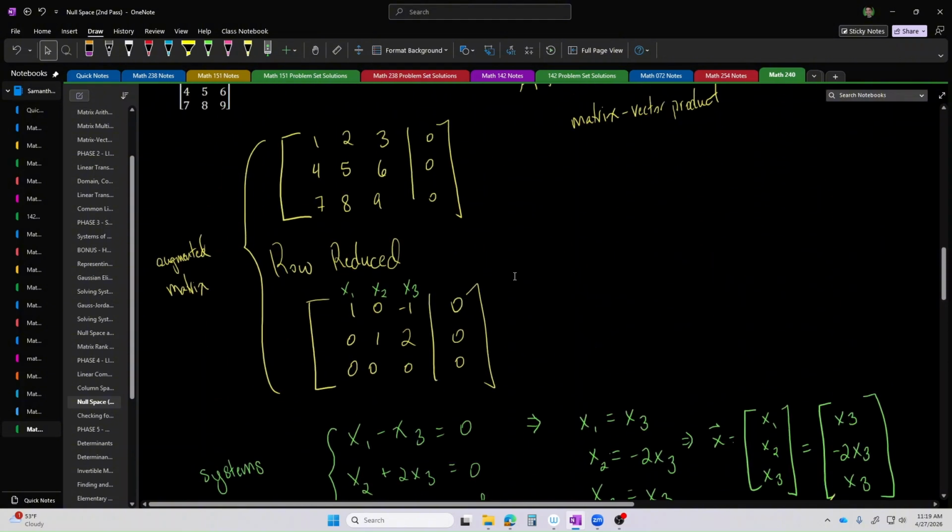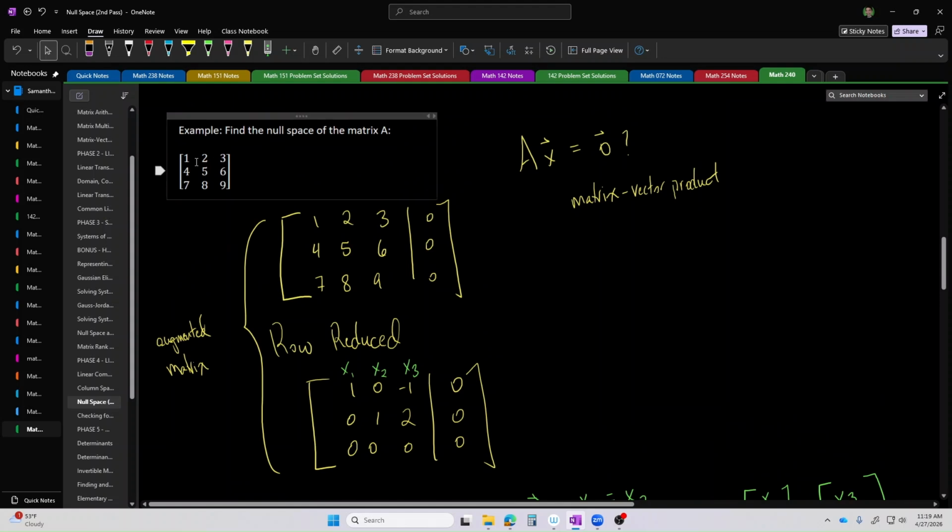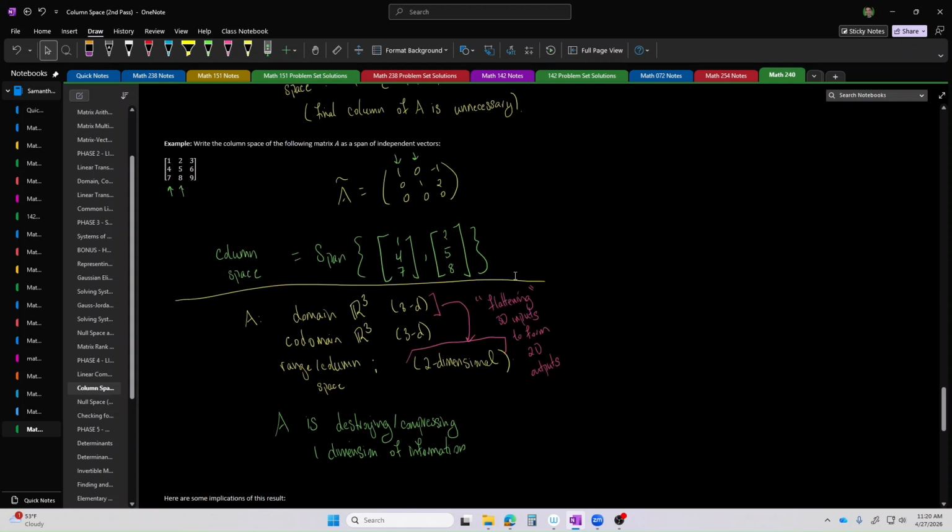I want to point out that this particular matrix A is one that we studied yesterday. When we were talking about column space and we row reduced this coefficient matrix, we noticed that the column space was spanned by the first two columns of A, the pivot columns of the matrix, the location of pivots after the matrix was row reduced.